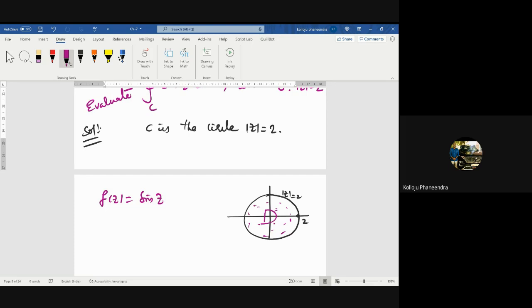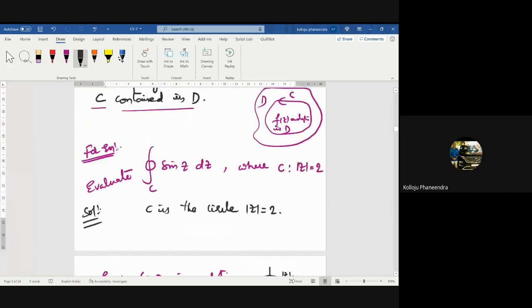Already we proved this: sine z is analytic everywhere in D. At every point, the function is differentiable. Analytic means you know, so I am not writing this. Now, according to Cauchy's theorem, what is this?